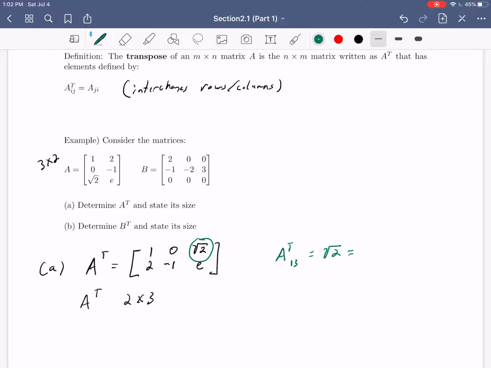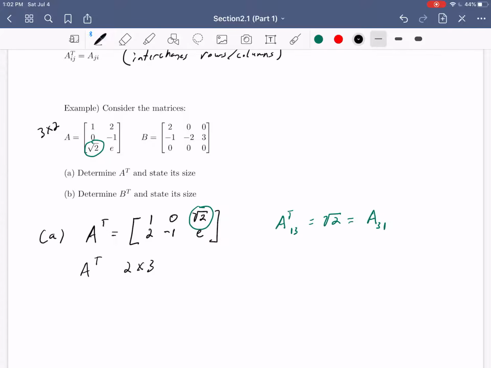And that should be equivalent to A 3, 1, the one in row 3, column 1 of the original matrix A. And if we look back over there, row 3, column 1, yep, that was root 2. So you can actually see that that's the by-element definition. We're just manually moving each of those. Much faster, obviously, to just use the visual trick of taking the original columns and making them into rows, or the original rows into columns. But I just wanted you guys to see that as well.